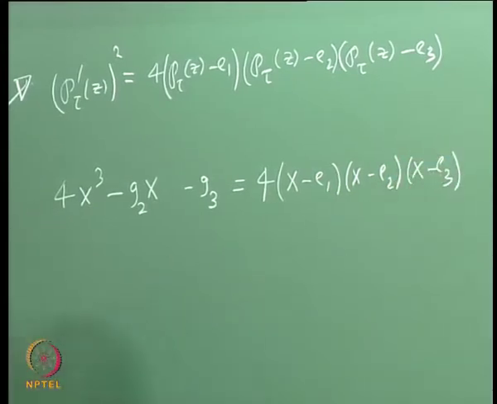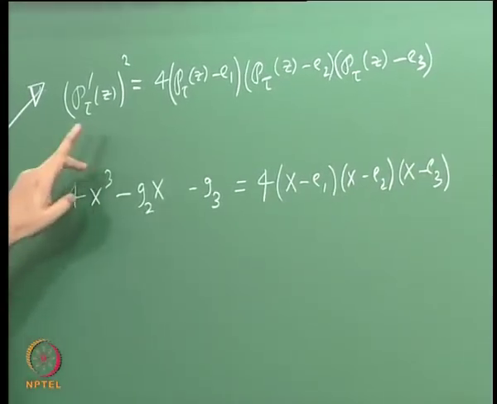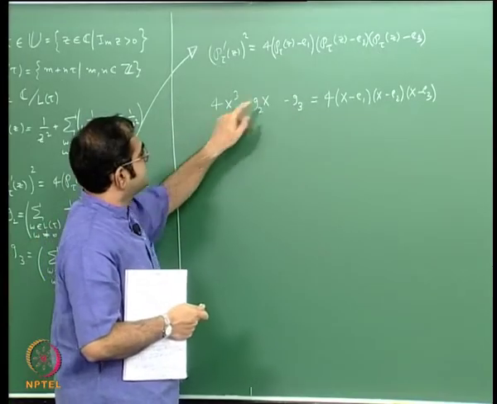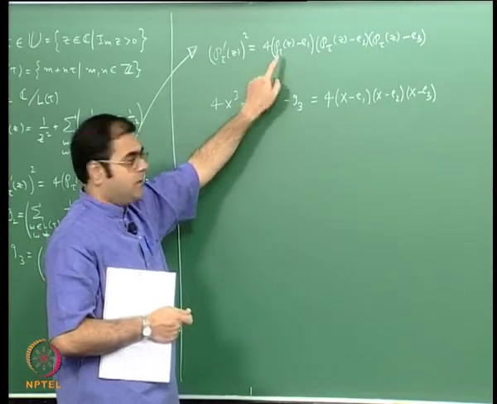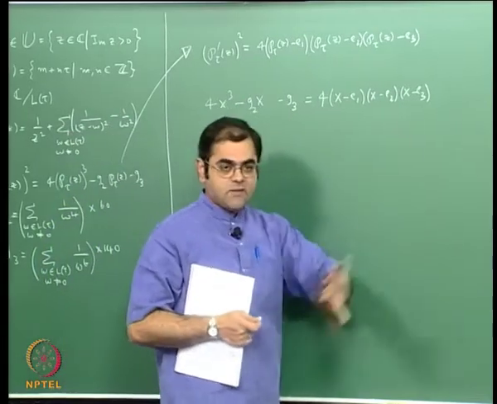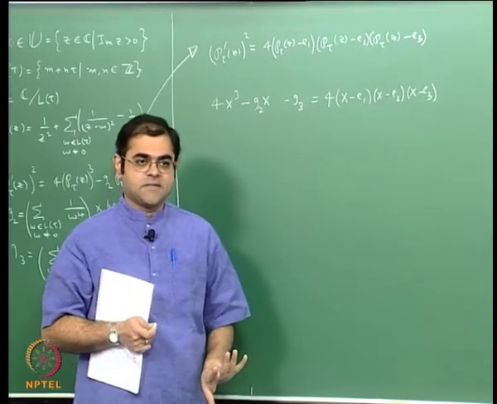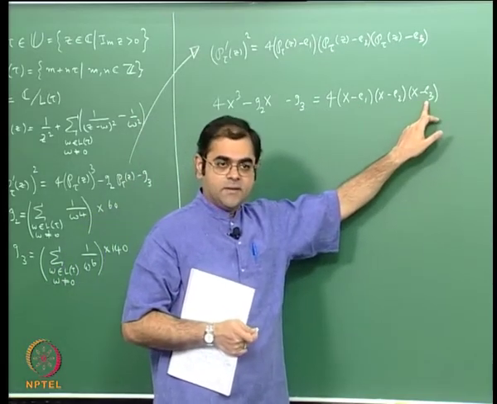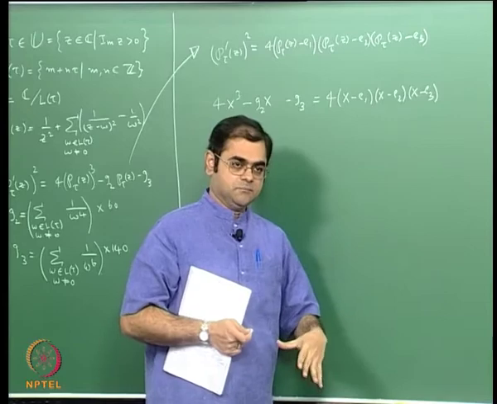Of course, since x is p tau, and x depends on tau, your E1, E2, E3 will also depend on tau. You must understand that E1, E2, E3 are also functions of tau, so they will change if you change tau.